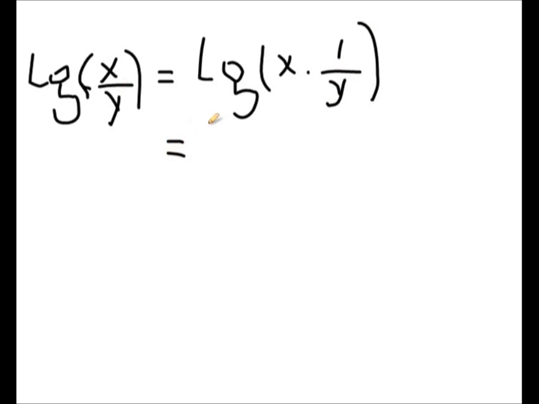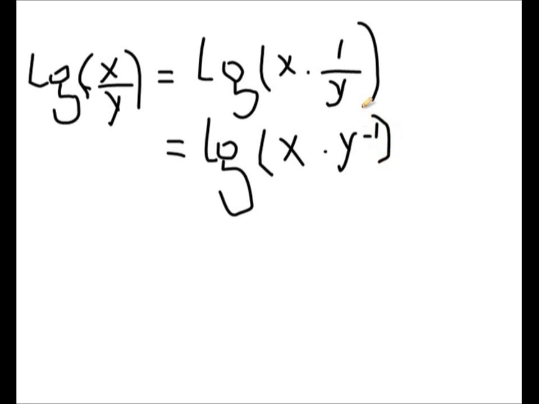So this is like x times, and this can be written, you remember this property of exponents, as y to the power of minus 1. Remember the property from high school: if you have 1 over a number, it can be written as this number to the exponent of minus 1.